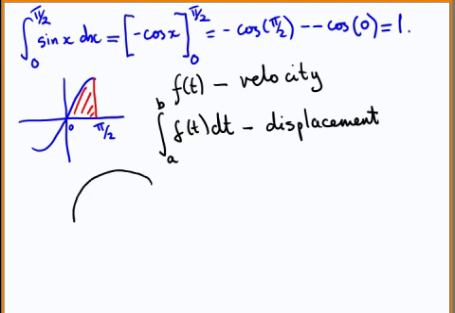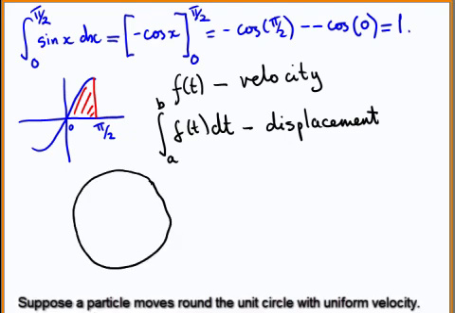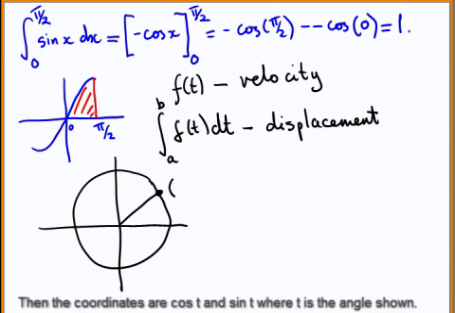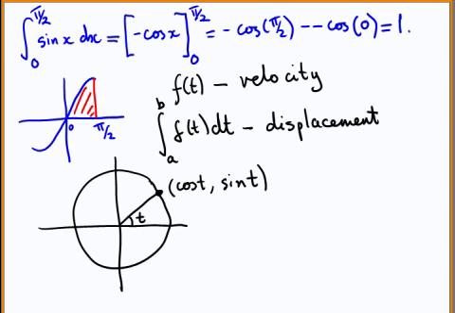Well, let's look at a unit circle. Now, the coordinates of a point on the unit circle will be cos t, sine t, where t is the angle that the radius coming out to that point makes with the x-axis.